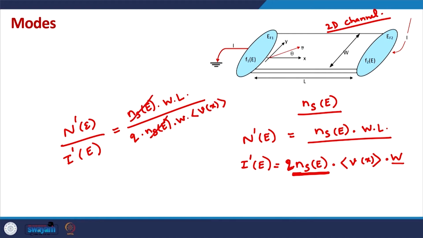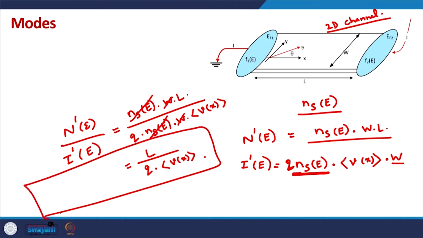So, Ns cancels Ns, W by W. What we are left with is L by Q times Vx. This is what we obtain had we not done any quantum mechanical or mathematical analysis.